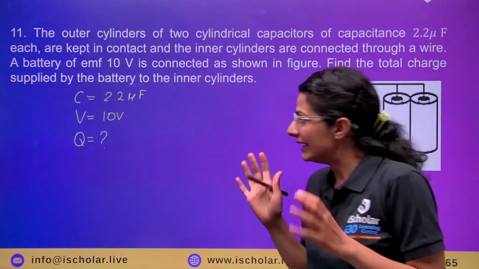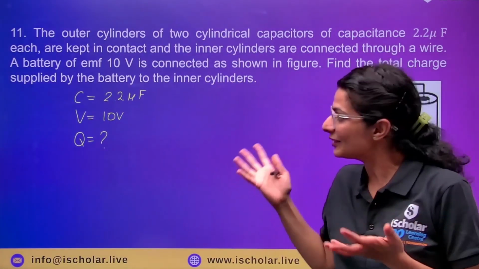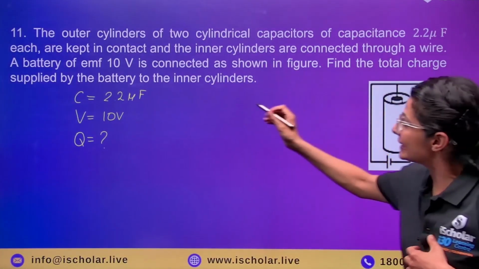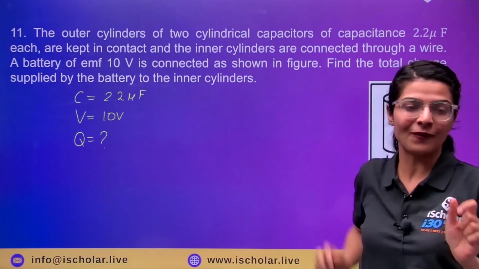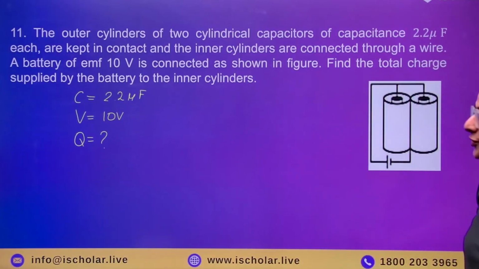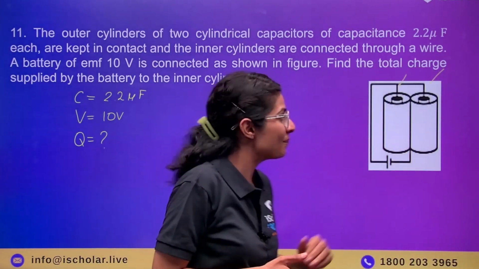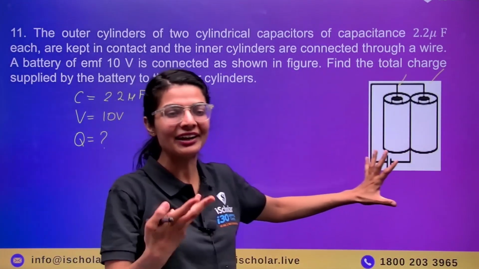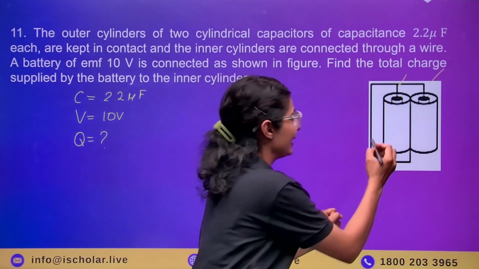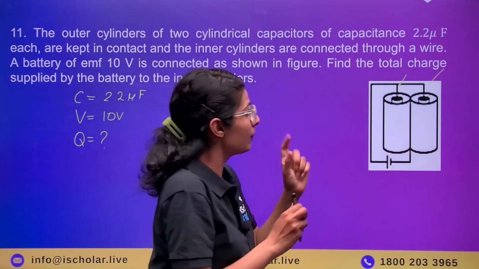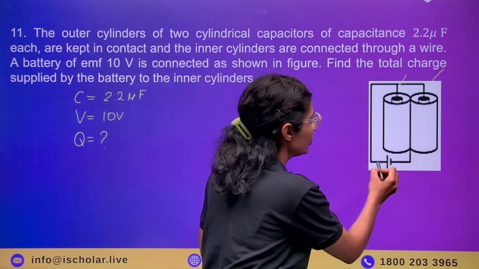Let us first understand what the total capacitance is. C is the capacitance for one, but in this question you have these capacitors connected over here. Both of them are connected to this potential.